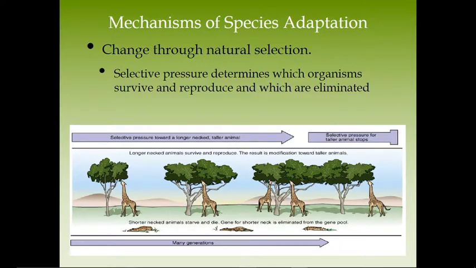As we look more into evolution, there are changes via natural selection through selective pressures. Selective pressures determine whether organisms survive and reproduce or if they die off. In the picture you can see the giraffes with longer necks are able to reach the trees that they need to eat from with ease.